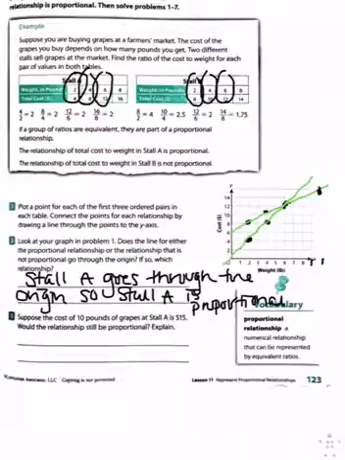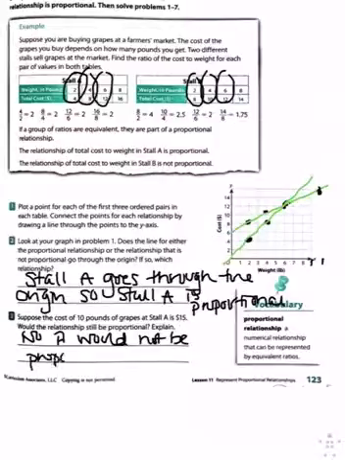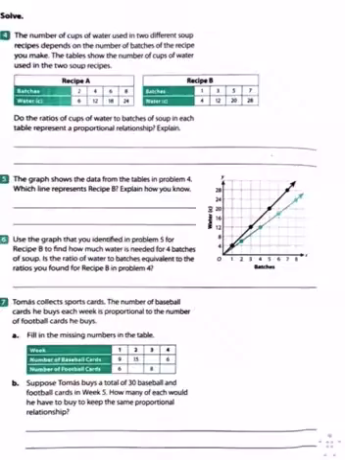And so, no, it would no longer be proportional. Because the graph would then change. It would go up like this, and then it would curve to the side. To be proportional, it has to be linear and not have any curves or bends.